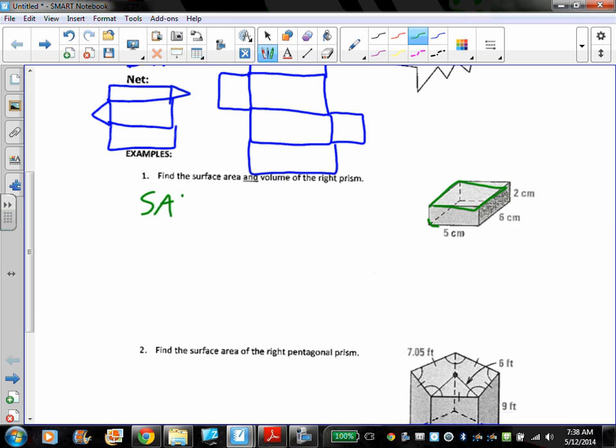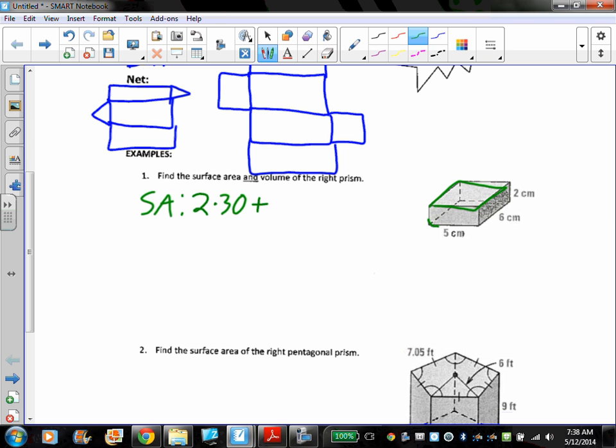So for surface area, we need 2 times the area of the base. Well, if I look at my dimensions for that rectangle up there, I can see that it's a 5 by 6 rectangle. So we're going to have 2 times 5 times 6. 5 times 6 is 30. So 2 times 30 plus, we need the perimeter times the height of this prism.